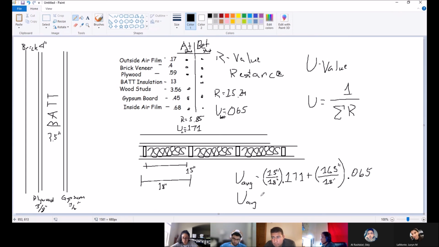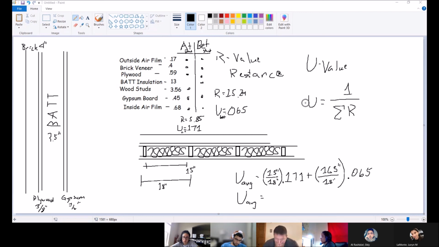Put that in your calculator. The 16.5 comes from 18 minus 1.5. Yeah, gotcha. Cool.